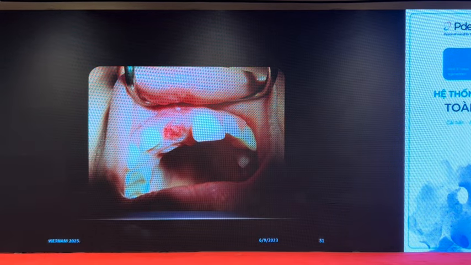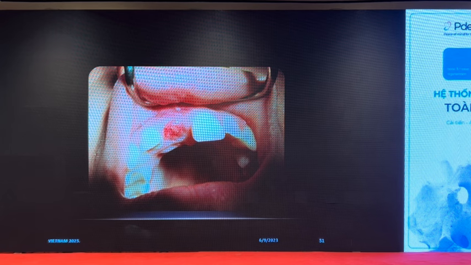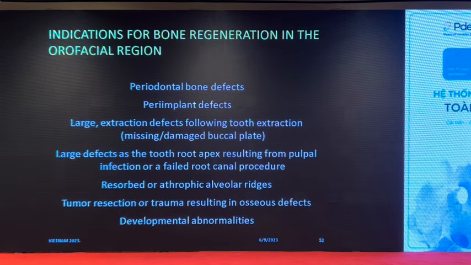We can use different kinds of materials for this augmentation. In dentistry, in the orofacial region, we can use these materials for different indications. In the first place, those are periodontal defects, periimplant defects, and extraction defects following root extraction, no matter whether they damage the buccal plate.